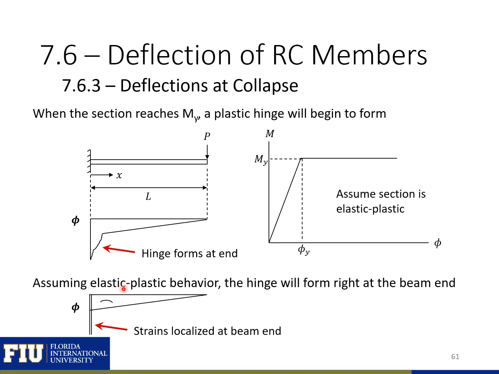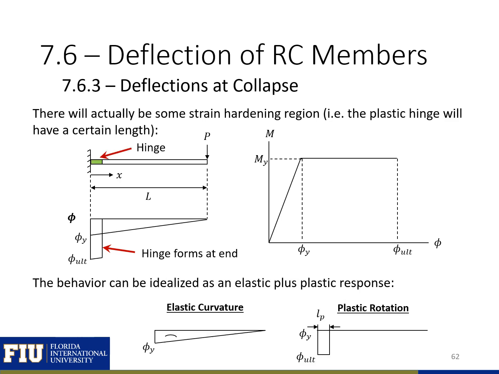If we assume elastic plastic behavior, the hinge is going to form right at the end of the beam. So our strains are all going to be localized at the beam end. There's actually going to be some strain hardening region. This means that the plastic hinge is going to have a certain length, which I highlight here.